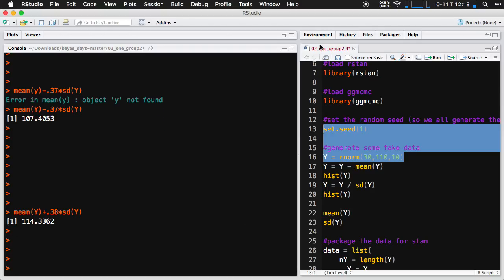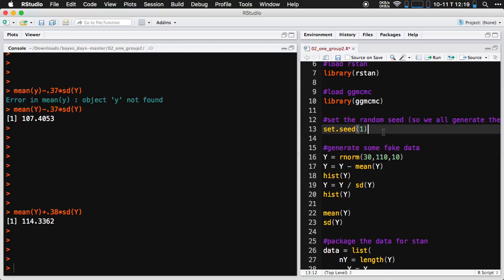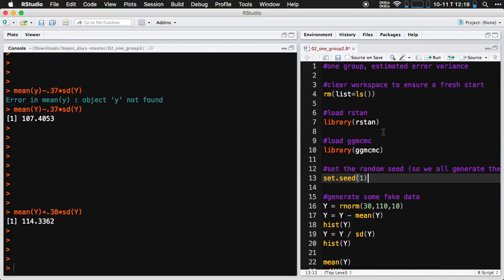So the first example we had was one group, one sample, and we decided that it had a normal distribution, but we'd be uncertain about the mean of the population generating the data, but we weren't uncertain about the variability.